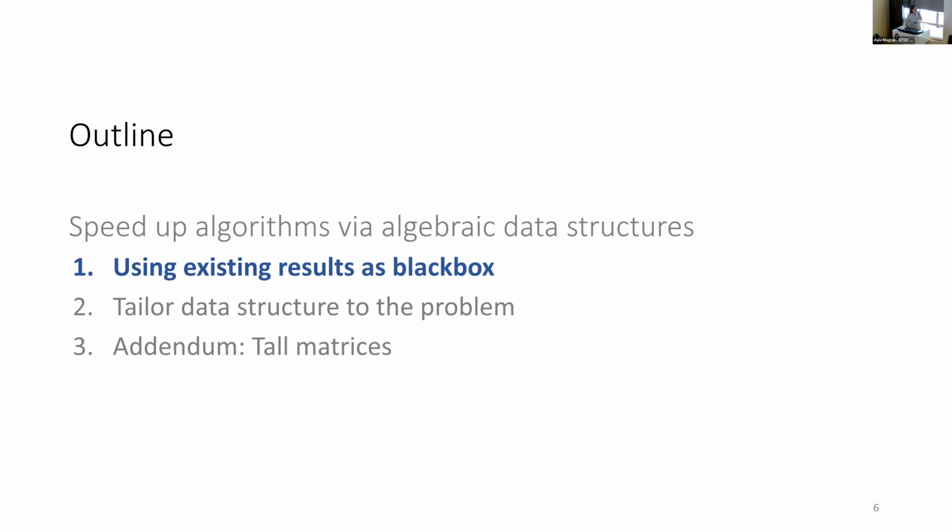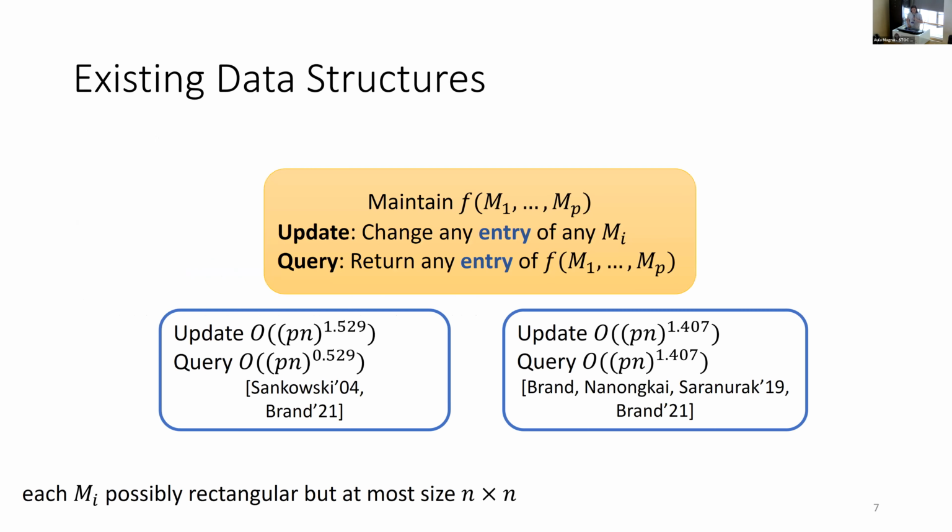So let's start with how to use existing data structures as a black box. The problem was to maintain the value of some formula under updates and queries. There is a data structure by Sankowski which says if you have P input matrices to your formula, and every matrix is of size at most n by n, they're allowed to be rectangular, but all the dimensions need to be bounded by n, then you can maintain the value with update time roughly Pn^1.5 and roughly Pn^0.5 query time.